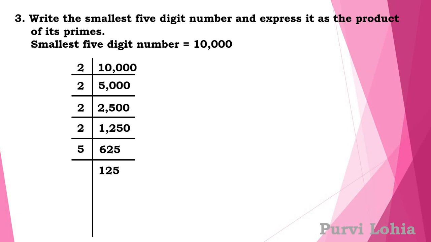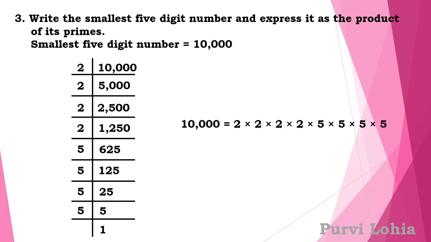So it will give 125. Again it is divisible by 5. It will give 25. Again 5, and it will give 5. Now 5 is a prime number, it will be divisible by itself. So 10,000 will be written as 2 into 2 into 2 into 2 into 5 into 5 into 5 into 5. 4 times 2 and 4 times 5.